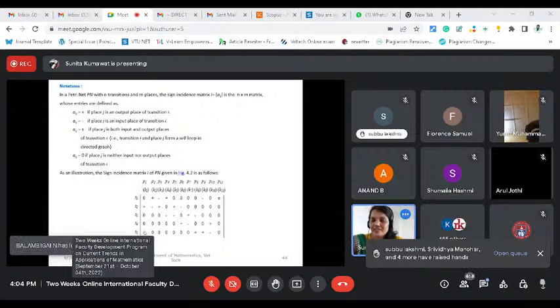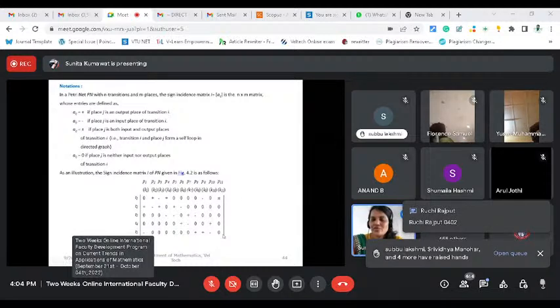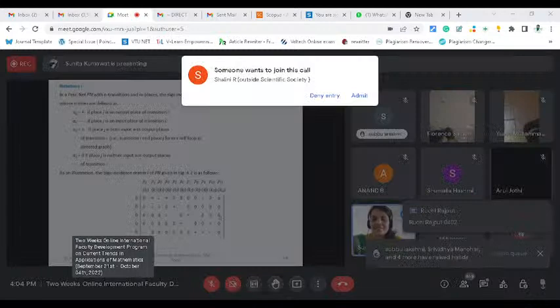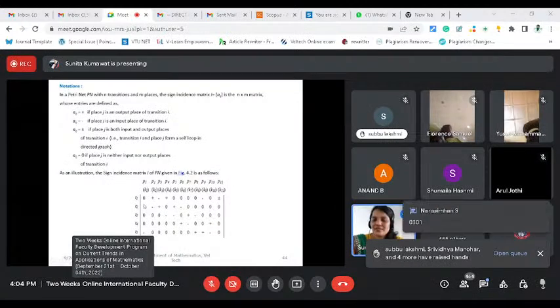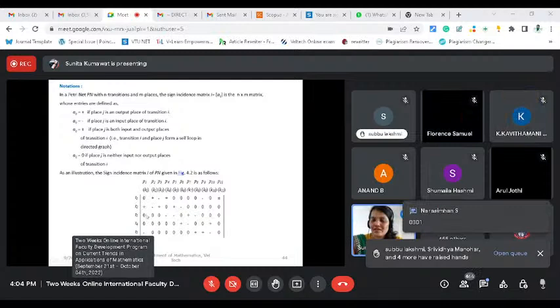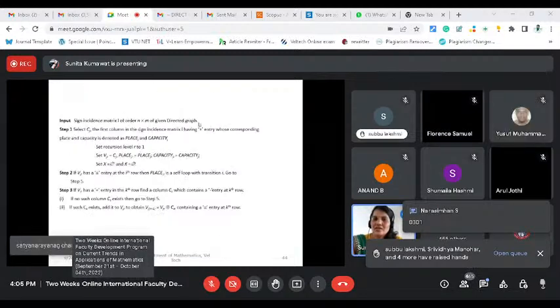Sometimes a column doesn't have any plus entry, like the last column here, which has only plus minus. So first we have to choose the first column which has a plus entry. Here P1 has the plus entry at the second position.